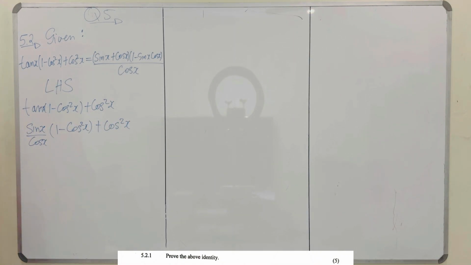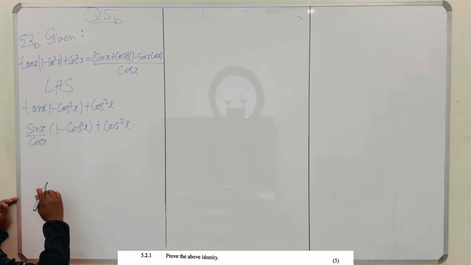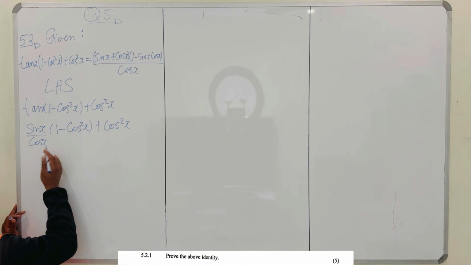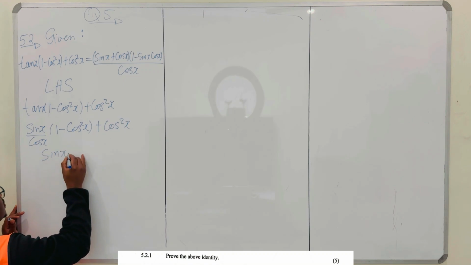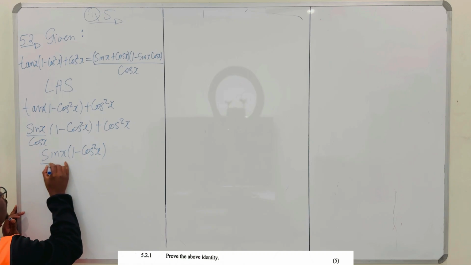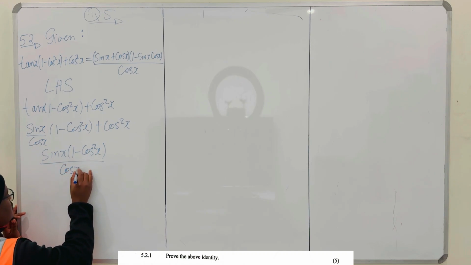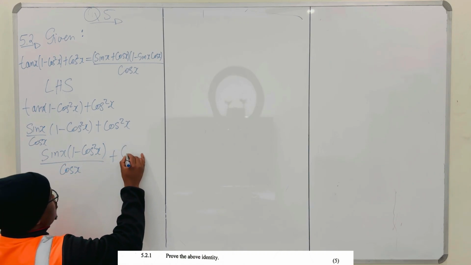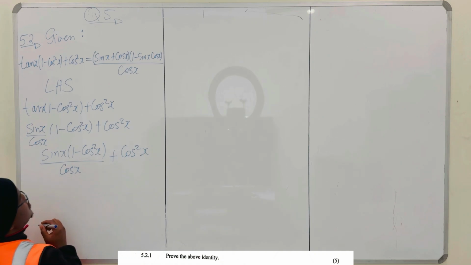So this is the same as sin x times 1 minus cos squared x all over cos x, plus the cos squared x here.